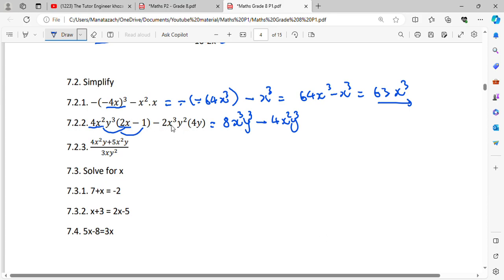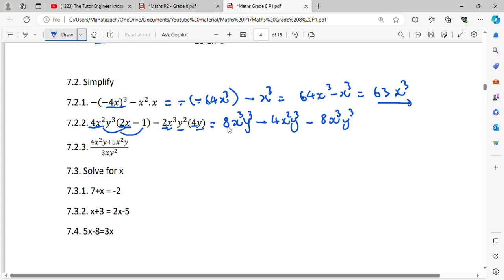Now let's move over to this term here. We have 2 times 4, which will give us 8. We have x cubed, which will be maintained as it is, and then y squared times y will be y cubed.